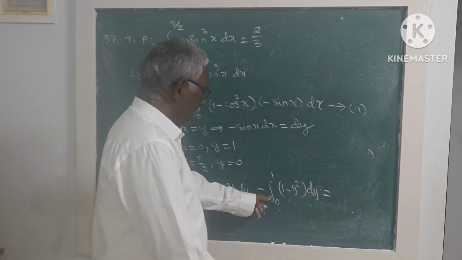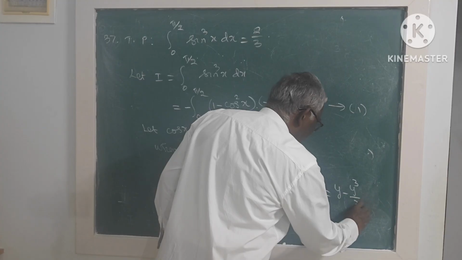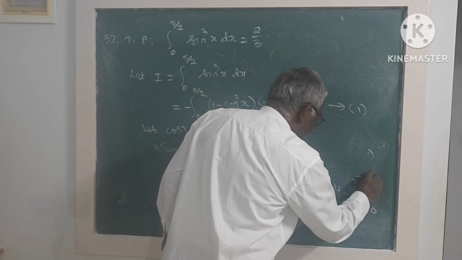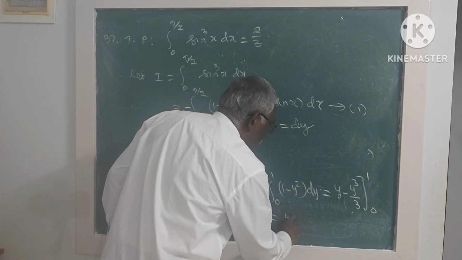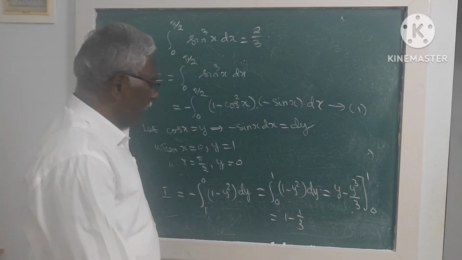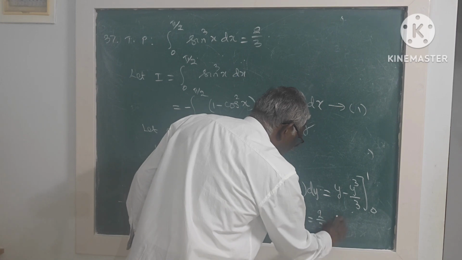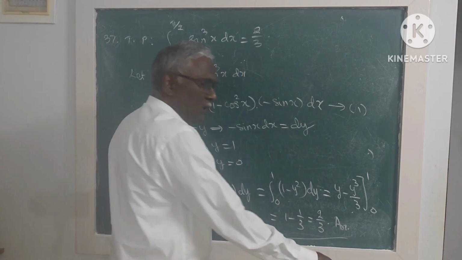On integrating we get y minus y cube by 3, again 0 to 1. So 1 minus 1 by 3, if we put 0, that will become 0. So it will become 2 by 3. So this is the answer, hence proved.